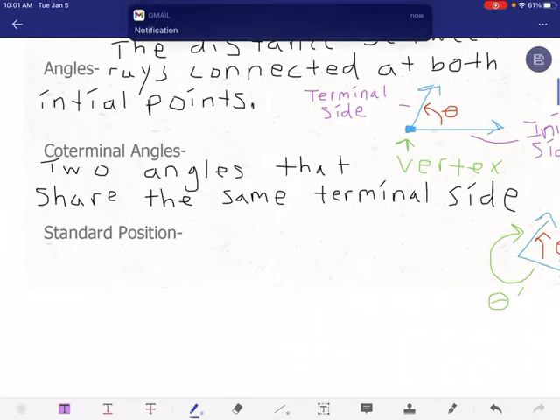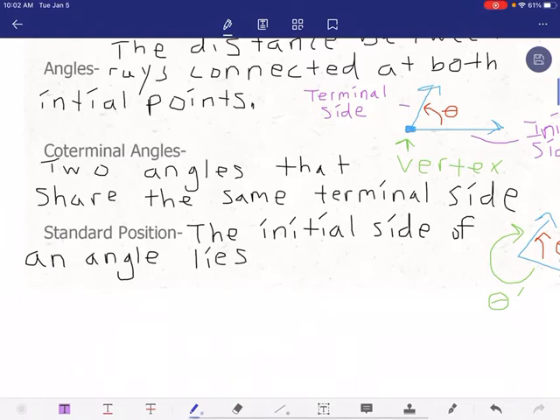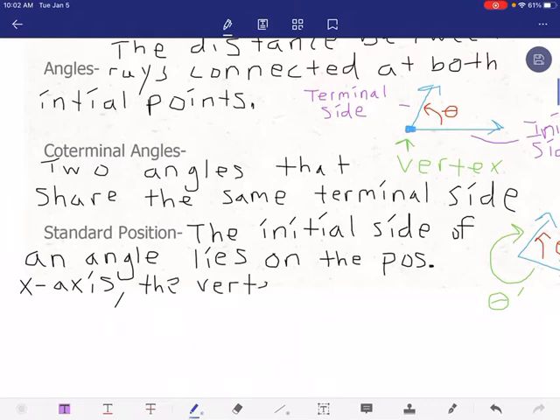And the way that that works is the initial side of an angle lies on the positive x-axis. The vertex is at the origin.